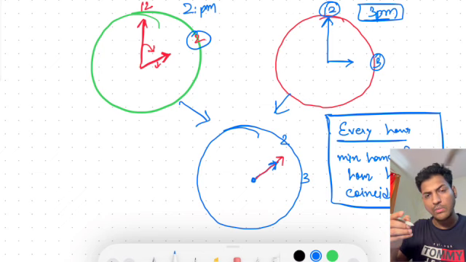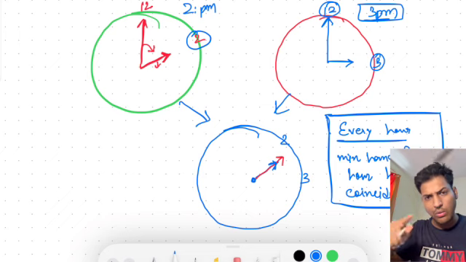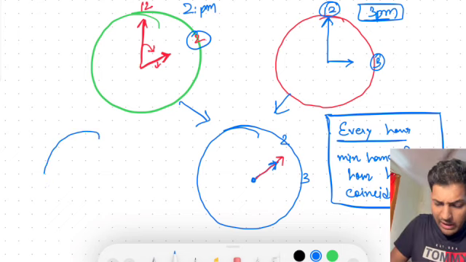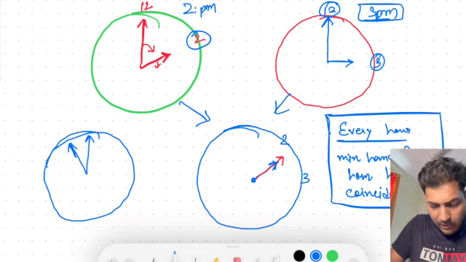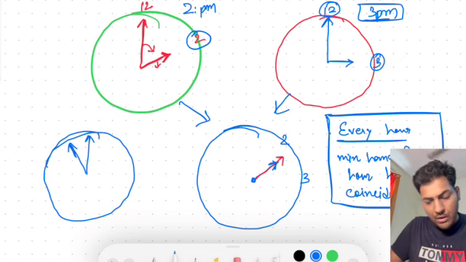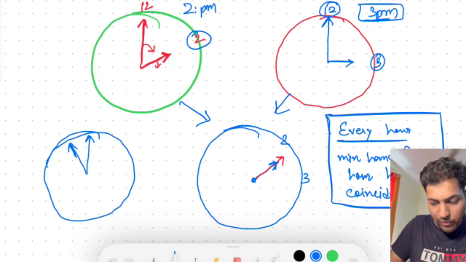This is also a question which has already been asked in UPSC CSAT. Probably in 2022 they asked how many times the minute hand and hour hand coincide in 24 hours. So if every hour they are coinciding once, the natural answer is 24. But the problem is, after 11 what happens? If this is 11, at 11 it is like this. After 11, the minute hand and hour hand coincide at sharp 12.